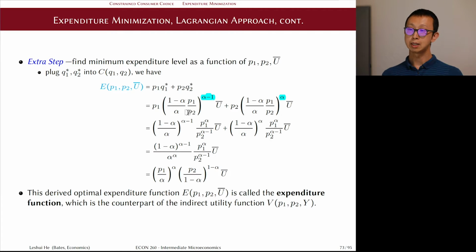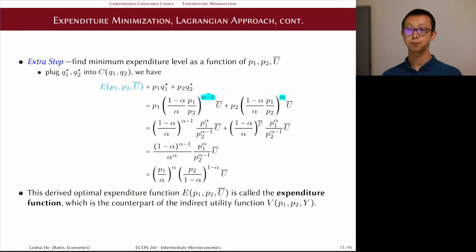So the result is that I have 1 minus alpha over alpha raised to the power of alpha minus 1 times P1 to the power of alpha minus 1 times P1. So the minus 1 power and the power of 1 cancel out, and we just end up with P1 to the power of alpha. On the denominator, it is just P2 to the power of alpha minus 1 that we have here.